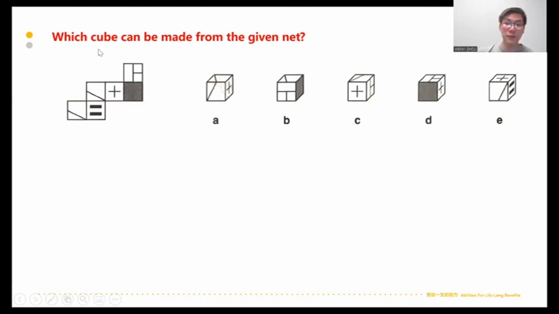Which cube can be made from the given net? Now I'm going to give everybody 5 minutes. It's a long time, I know, but I don't just want the right answer, I want you to be able to say the reason why every single other one is incorrect. So we'll give everybody 5 minutes and then we're going to go through it together.